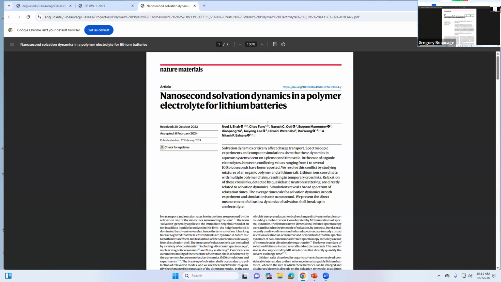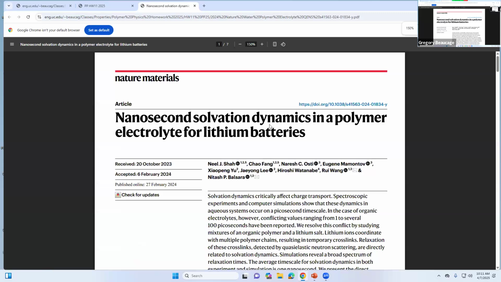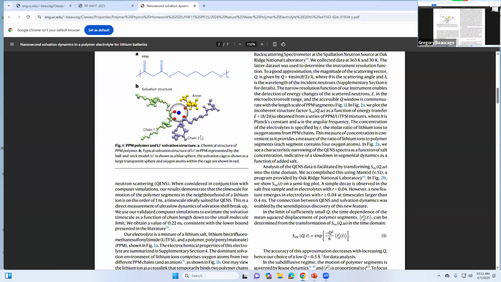So let's see. One of the sketches is this, the association of the lithium. I think the blue sphere is lithium, and the red things are these carboxyl groups. So there's a negative and a positive, and they associate.